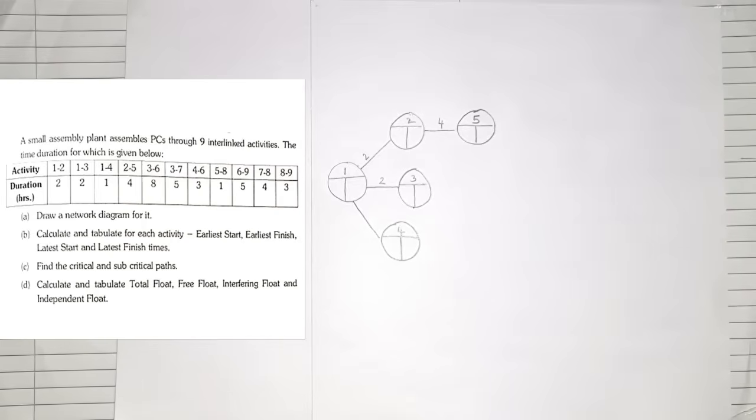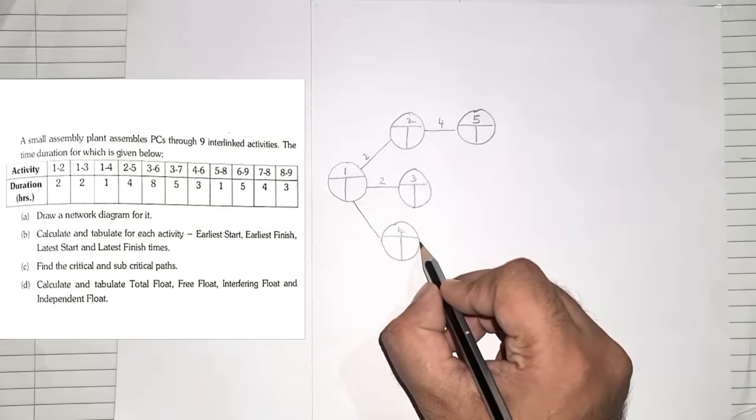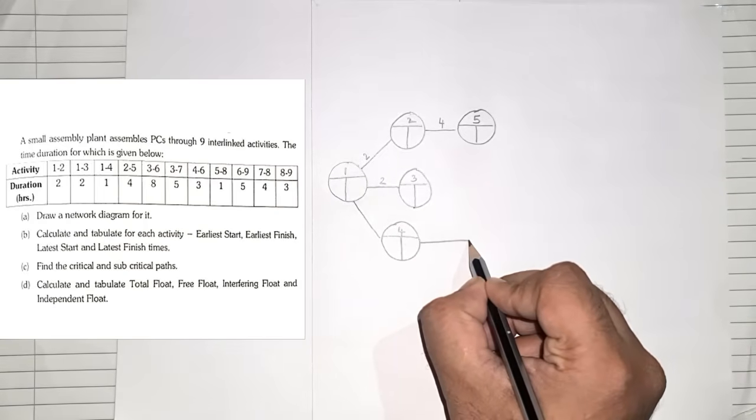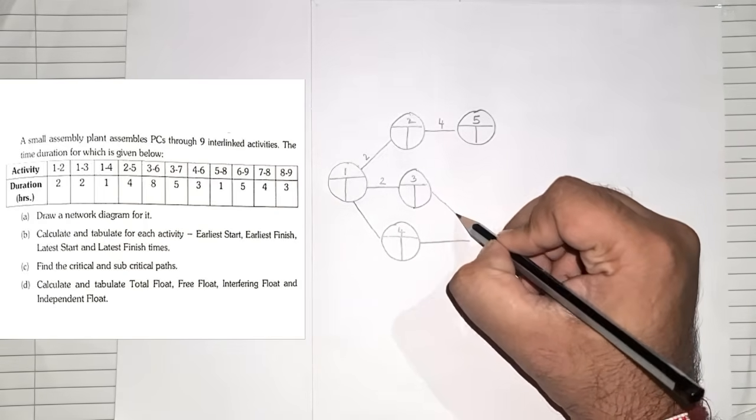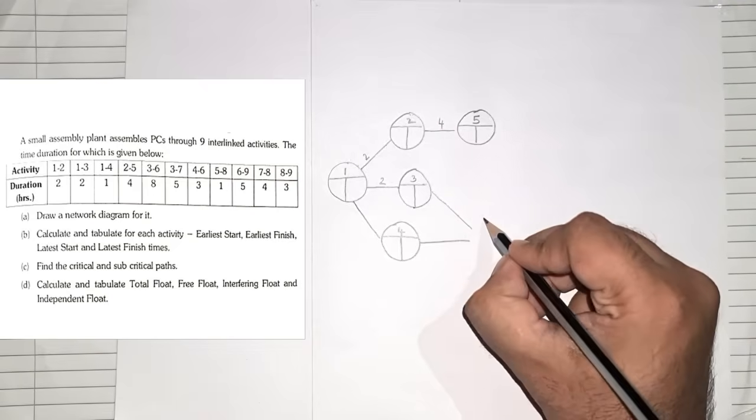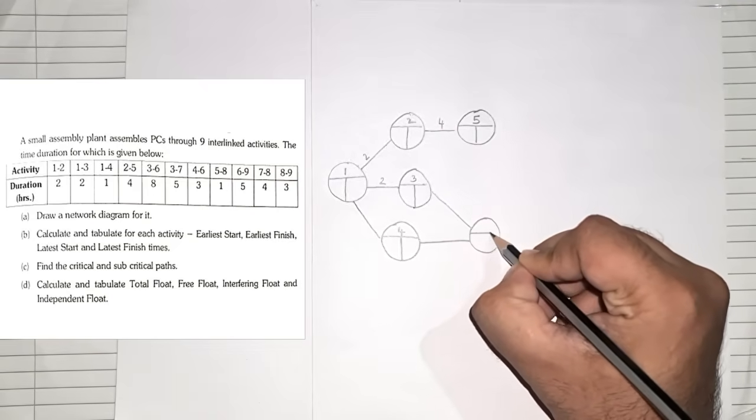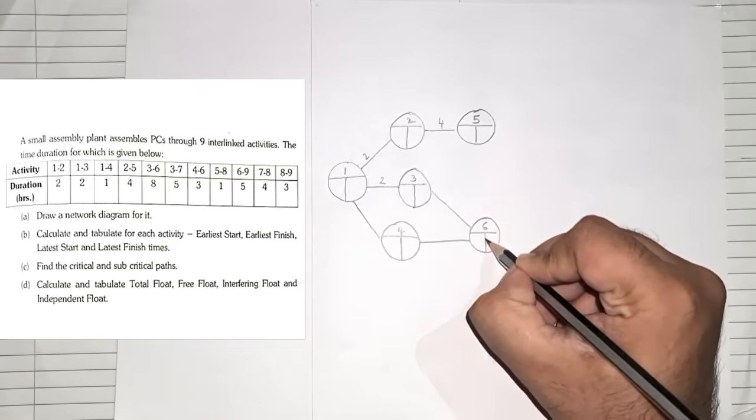So I will go ahead and check. After that we can see there is activity 4. From 4 also there is a 6. So it means from 4 as well as from 3, both of them are getting connected to activity 6.